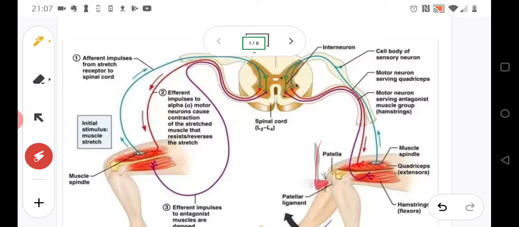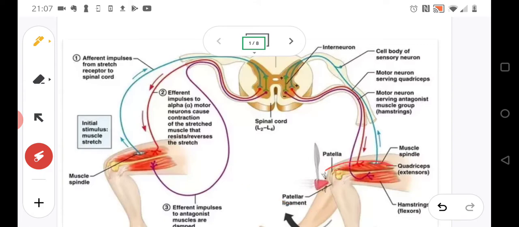With the hammer, we can stretch the muscle by stretching the tendon. So the receptors recognize that the muscle is stretched when we hit with the hammer. So the spinal cord activates the same muscle to contract, and the leg gets up.